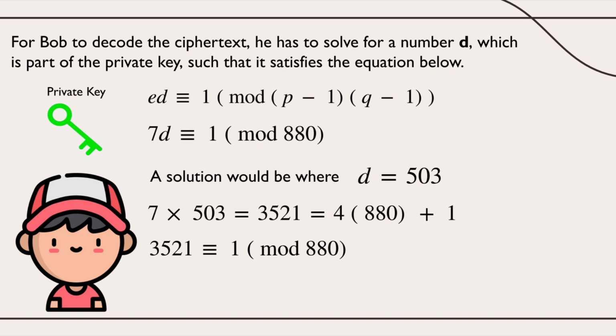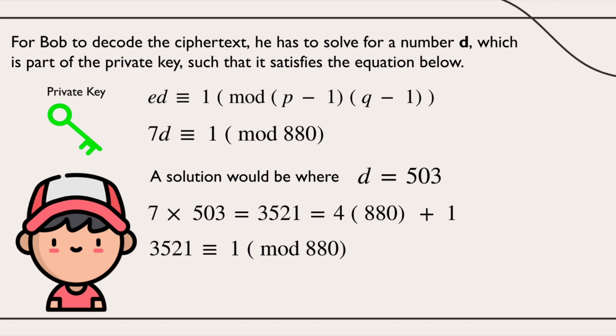For Bob to decode the ciphertext, which is 545 in this case, he has to solve for a value d such that it satisfies the first equation below, which is e times d congruent to 1 mod (p minus 1) times (q minus 1). In this scenario, a value d which satisfies the equation would be d equals 503.